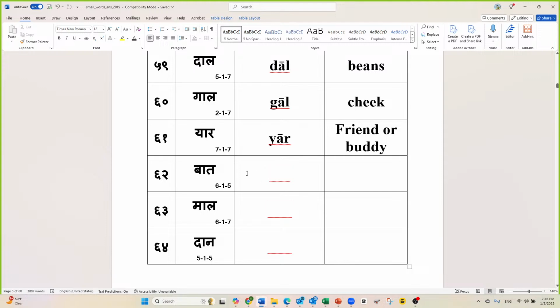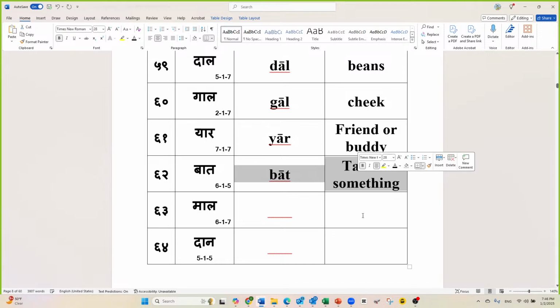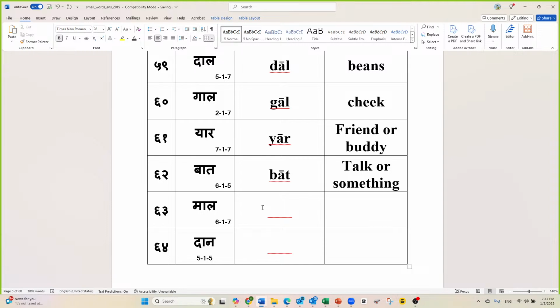Okay, Kavina, read the next word. Baat. Baat means to talk. It's something, what are you talking about? It's also baat. Okay, next word. Dhruv, read the next word for me.